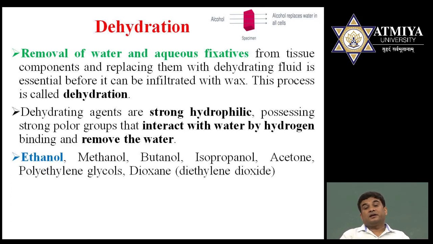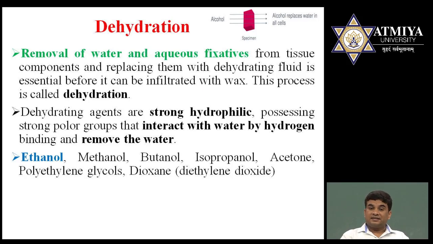Now, alcohol is a very strong hydrophilic molecule, and it is polar, and it will make bonds with the water with the help of hydrogen bonds, and it will remove the water. Like that it will remove the water, and finally the tissue space will be occupied by the alcohol. You should be careful here also: you should not directly use 100% alcohol.